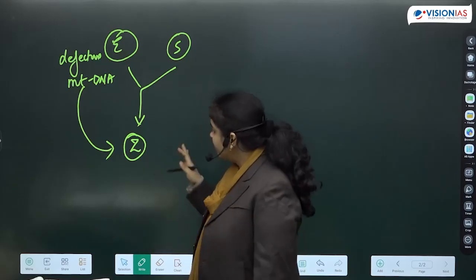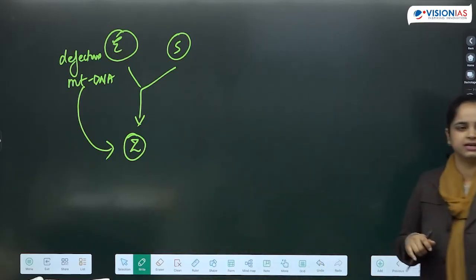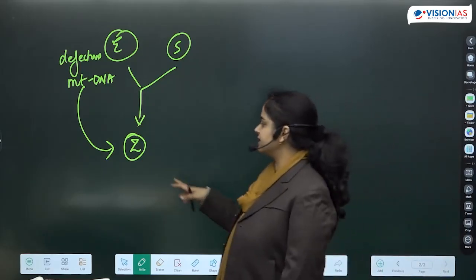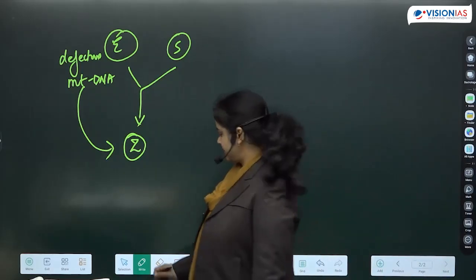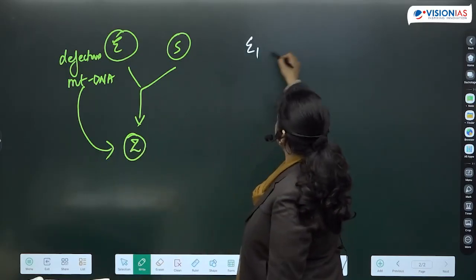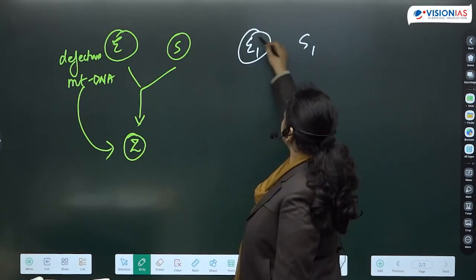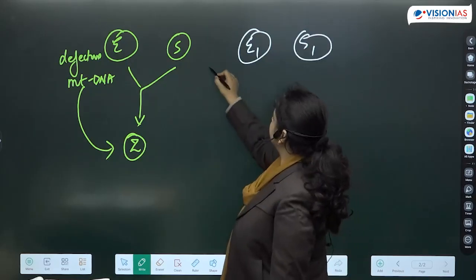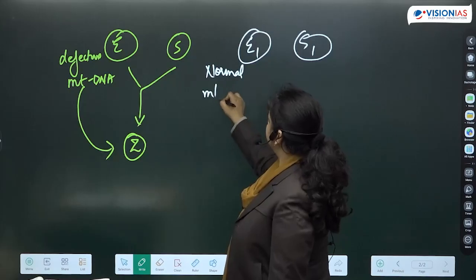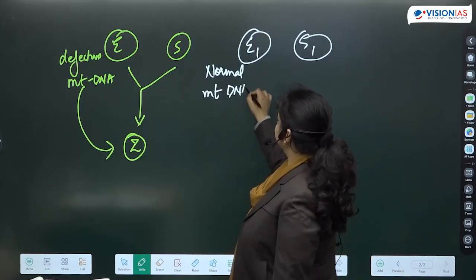Okay. This gives us a possibility that we can do mitochondrial replacement at the stage of the zygote also. कैसे? अगर हम एक और एग लें और एक और स्पर्म लें, but this is an egg with normal mitochondrial DNA.